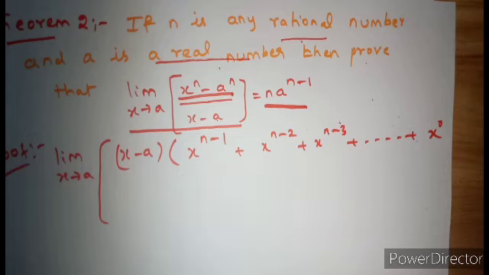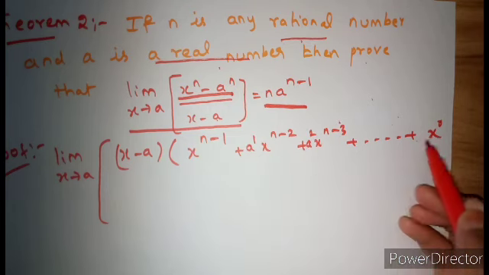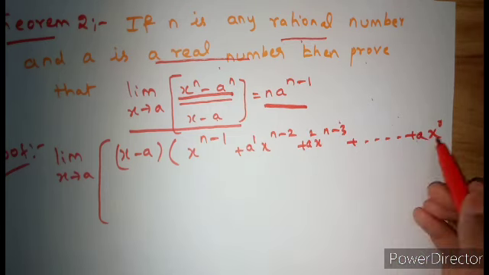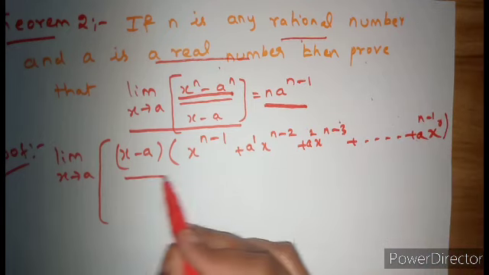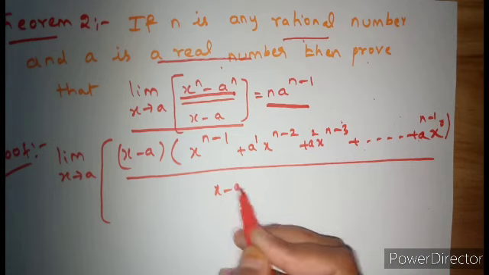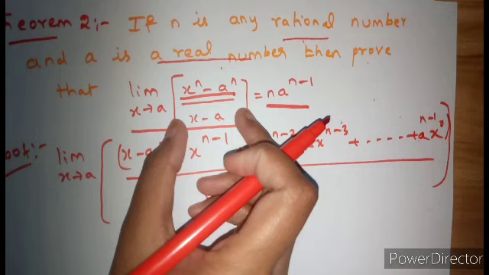I just explained to make you understand. If you write it also there is no problem. Now here we have a power 1, a power 2 and so on. What power we have in x, the same power we have in a. So a power n minus 1 and bracket close, divided by x minus a. We have to prove the value of this function is this.